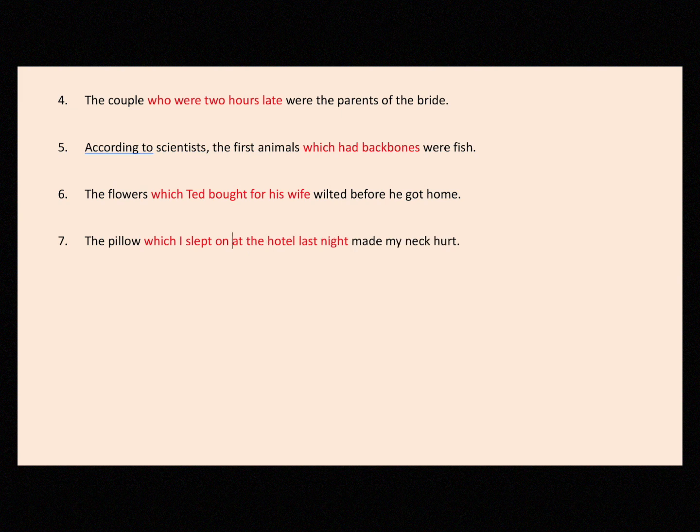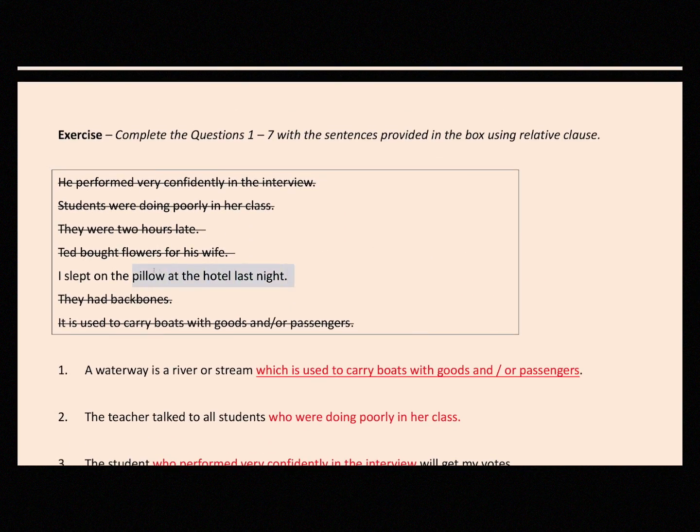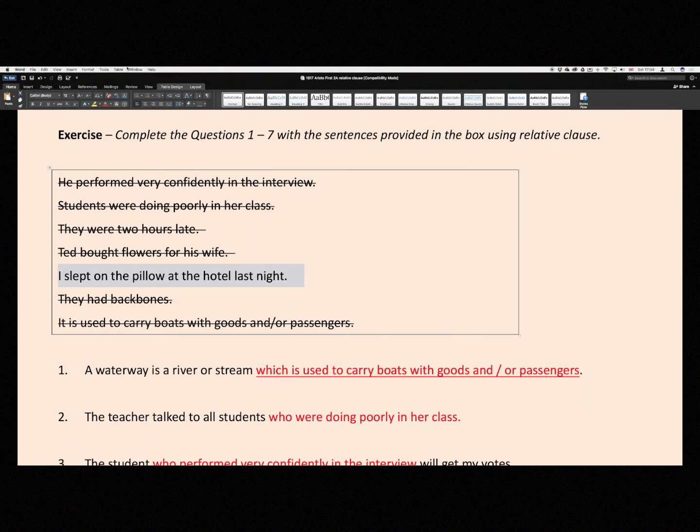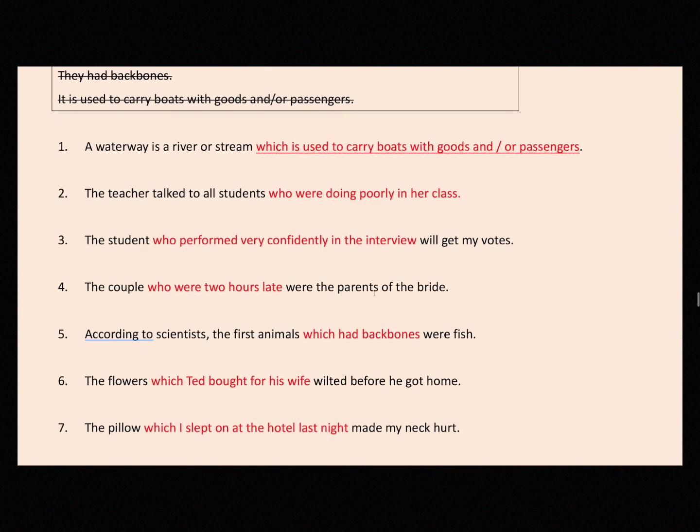So the correct sentence becomes the pillow which I slept on at the hotel last night made my neck hurt. Okay, here comes the correct answer. Now we can also cross out its sentence because it's used already. So here comes all the answers.